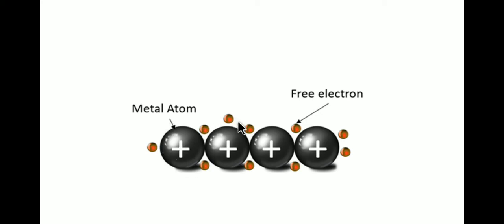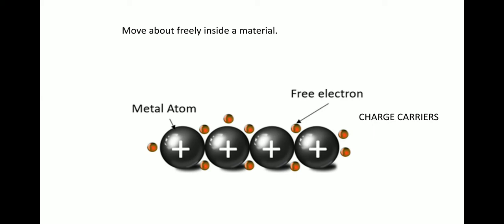Then these free electrons can move around freely throughout the material, throughout the body of the metal. So they move about freely inside the material, and these electrons are the only reason for carrying the charges. So we can say that these free electrons are also called the charge carriers.